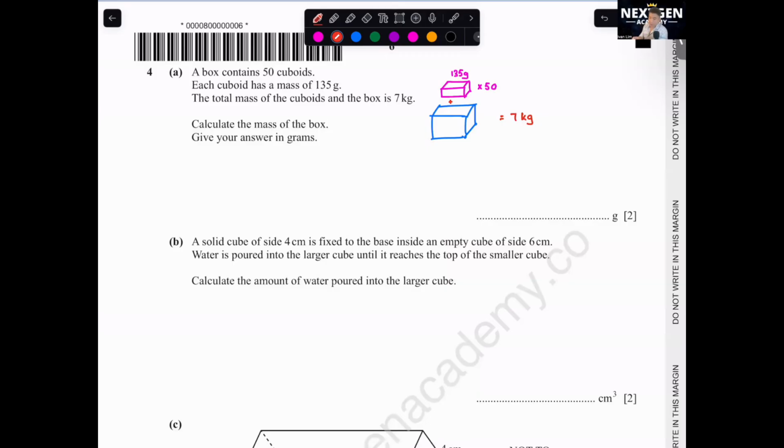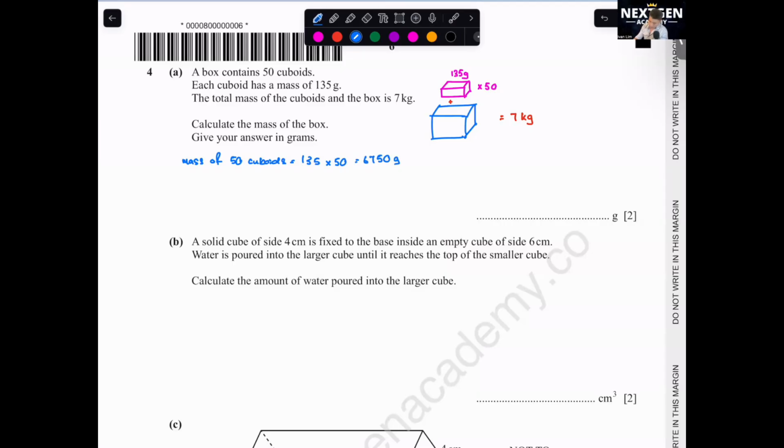So how do we find the mass of the box? We'll take the cuboids first. Let's find the mass of the 50 cuboids. This one also, double check your units. So 135 times 50, which is 6750 grams.